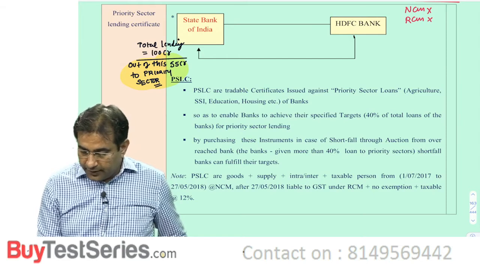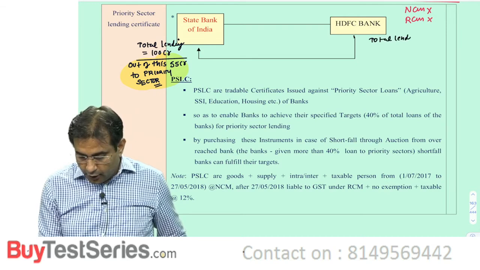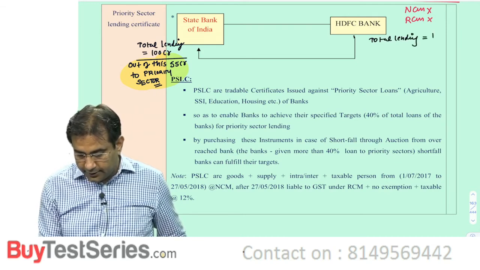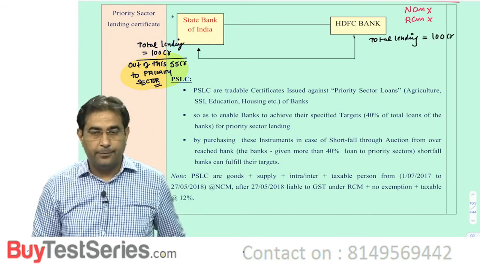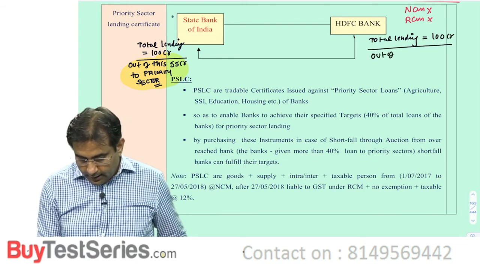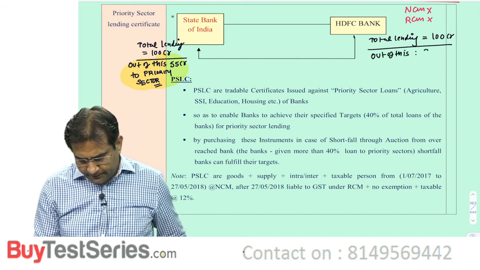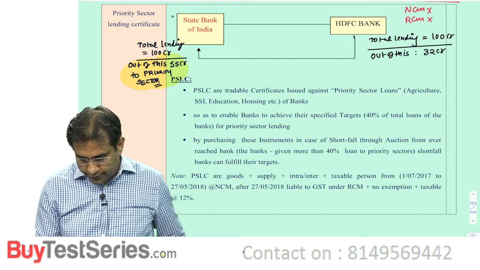And suppose one of the banks, HDFC, total lending or loans given by the bank is 100 crore, but out of this only 32 crore given to priority sector.